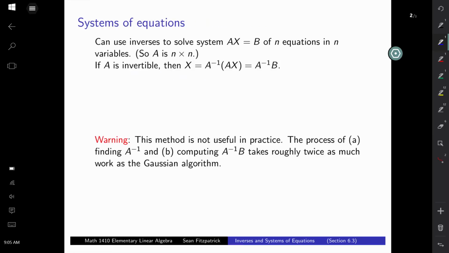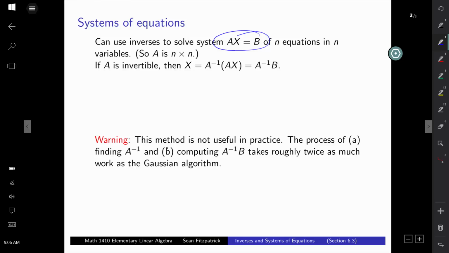So the idea here is that if I have my equation A times x equals b, then, as we see here, there's a couple of ways to do this.